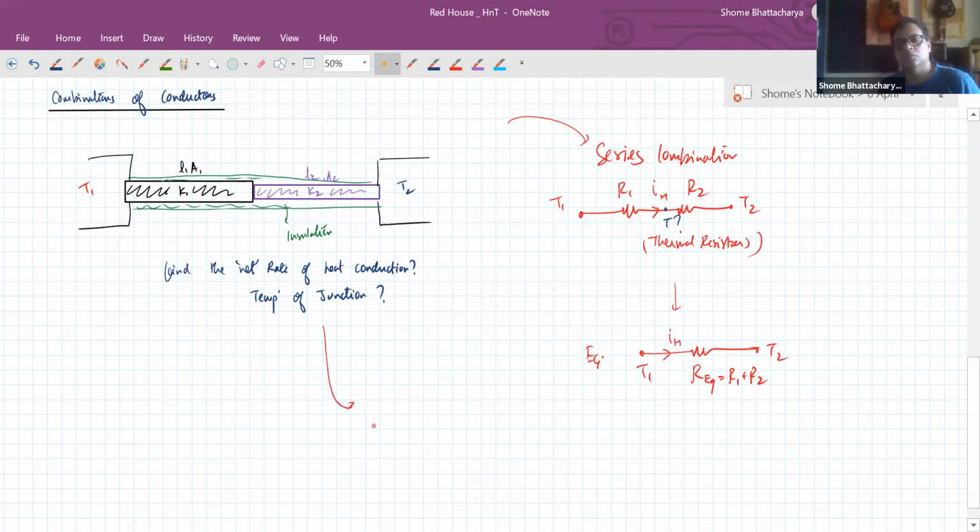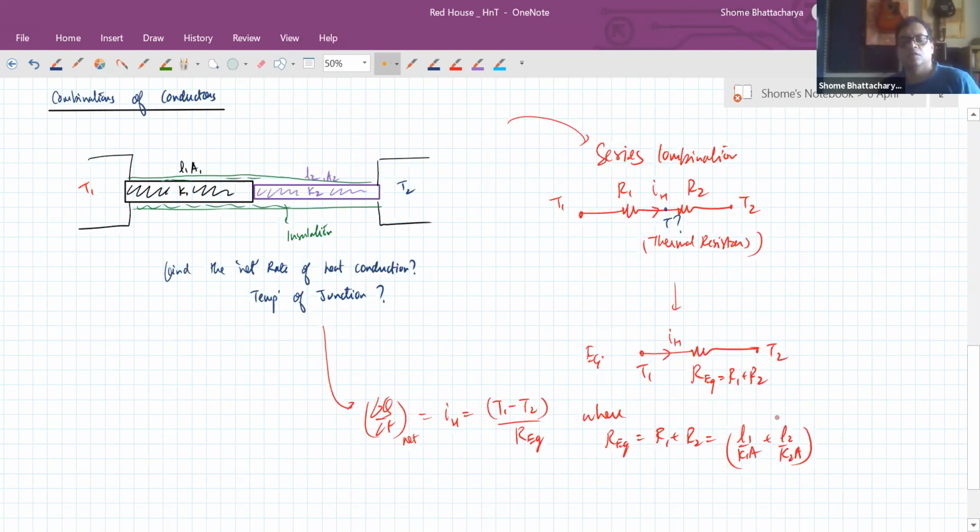Delta Q by delta T net is this heat current, where R equivalent, as you know, in a series combination is this. And T1 minus T divided by R1 is equal to this heat current, so from this we can find out T. This is an example of a series combination.